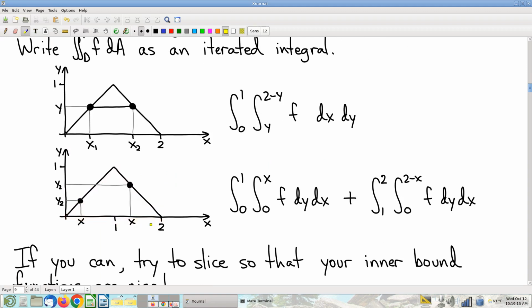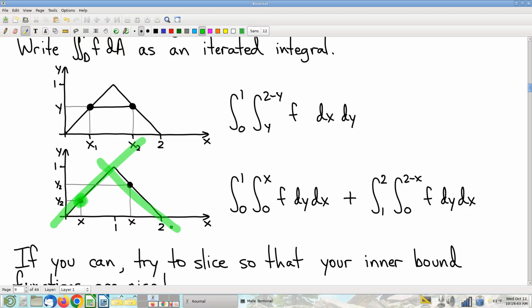I'm going to first do x slicing this time, and it's tempting to say, well, I can just have x go from 0 to 2, and now let's think about what my y bounds are. Well, I'm going to go straight to the punchline. The upper bound is defined by points like that, but the problem is it's on that curve for a little while, and then it's on this curve after that.